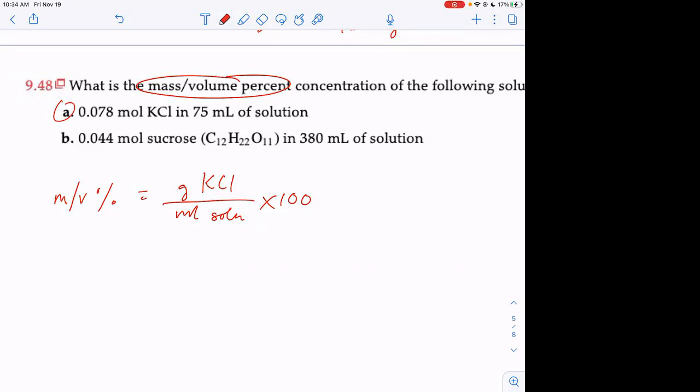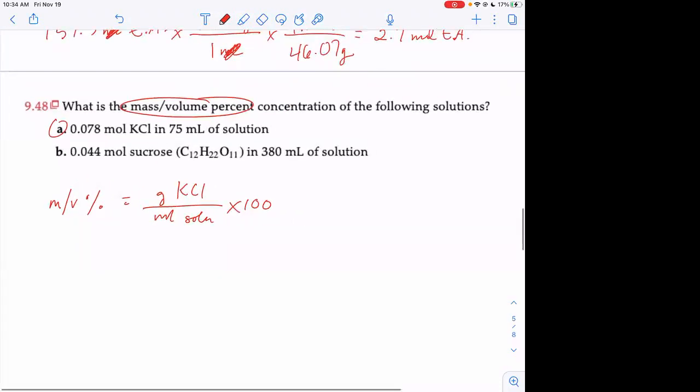I can't read the 39. Is that what it says? Potassium. Chlorine is 35.45. What's potassium? It's on the periodic table. It said 39 point what? Oh, okay, we'll just say 39.1.